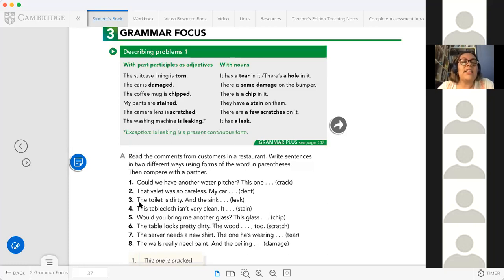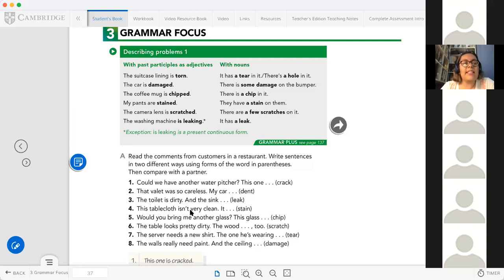Okay, number 3. The toilet is dirty, and the sink has a leak. Sustantivos siempre llevan a antes, el artículo. And the sink has a leak. O el adjetivo, the sink is leaking. It's leaking, exactly.